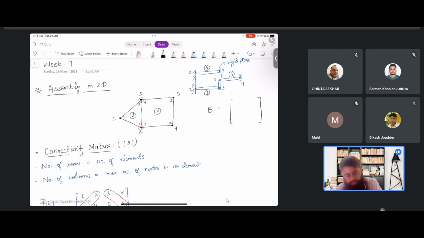First of all, what should be the size of this connectivity matrix? 3 cross 2. Yeah, right. We have a total of 3 elements, so that means 3 rows, and we have a maximum of two nodes in an element.